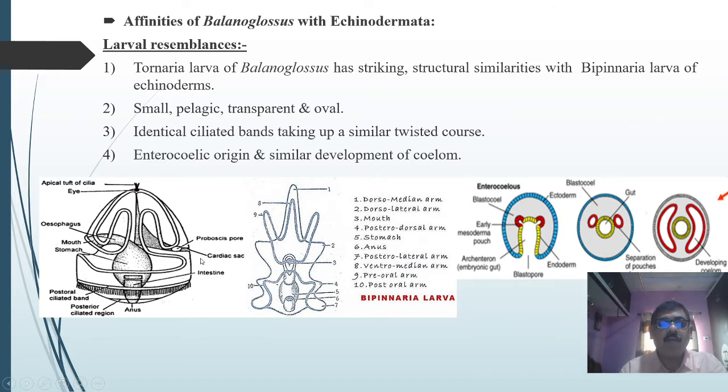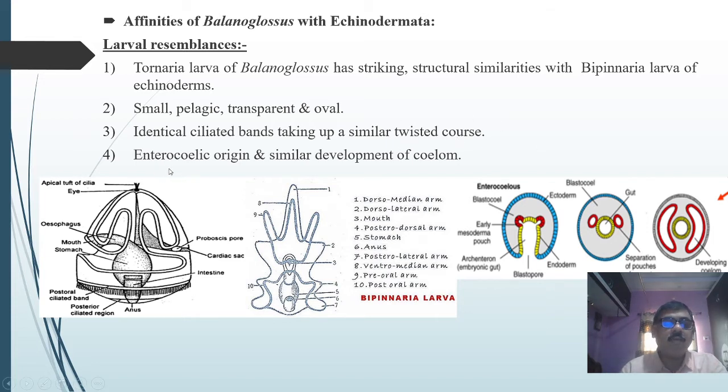Both larvae are small, pelagic, surface feeders, transparent and oval in appearance. They have identical ciliated bands, a preoral and a postoral ciliated band, taking a similar twisted course.